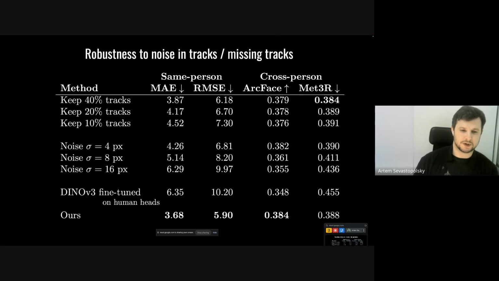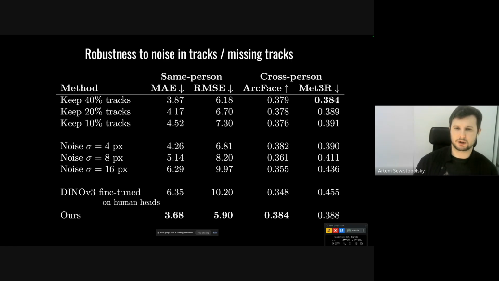Here's a pretty interesting set of ablations. In the first ablation, we check if we can remove a bunch of tracks. By tracks, we mean the point tracks estimated by the point tracker, and we were wondering if it's possible to remove some of those tracks to see how sensitive the method is to having a lot of tracks in the data.